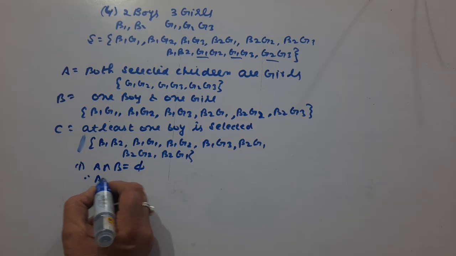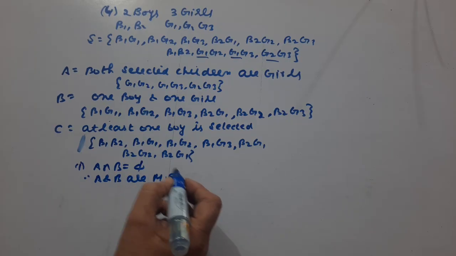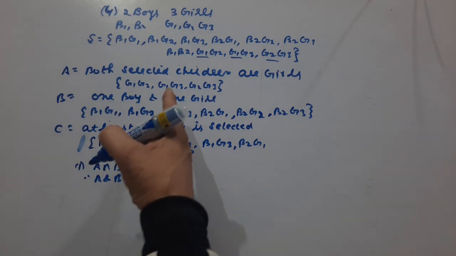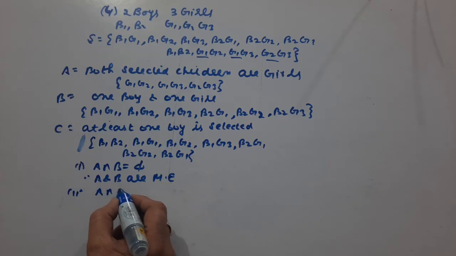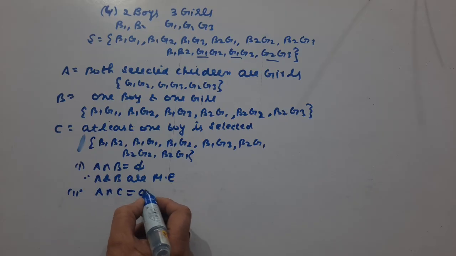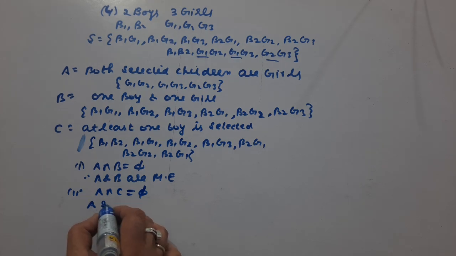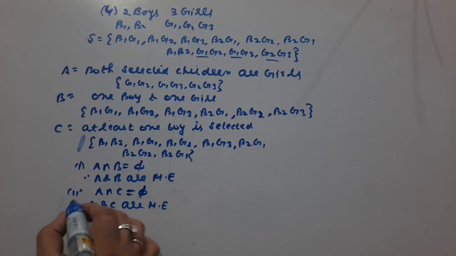So A and B are mutually exclusive. A and C: between A and C also there is nothing common. So A intersection C is also phi. So A and C are mutually exclusive, right?